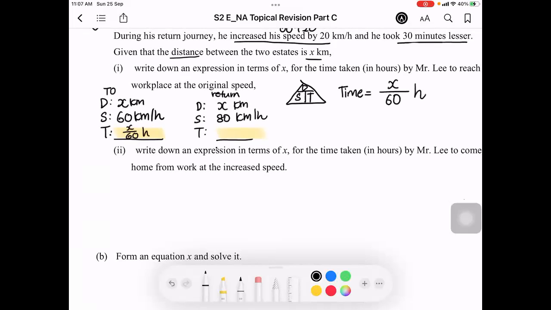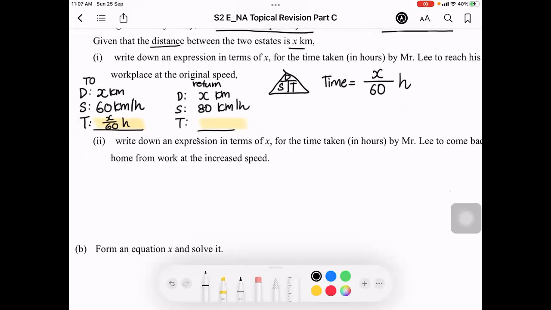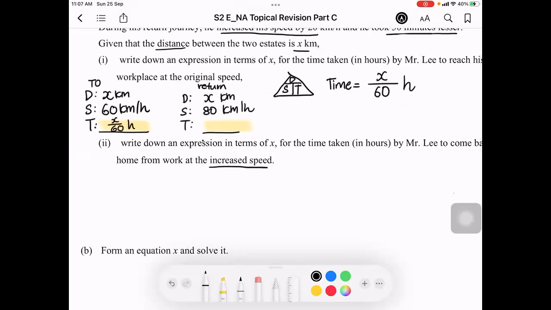Okay, next one, write down an expression in terms of x in hours to come back from work at the increased speed. Oh, so this is the second part. This one will be x divided by 80. So the time on the return journey will be x over 80.